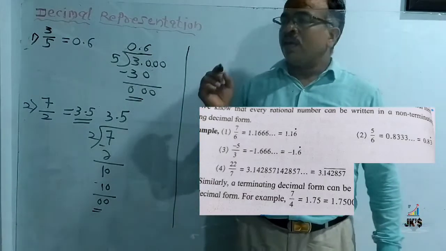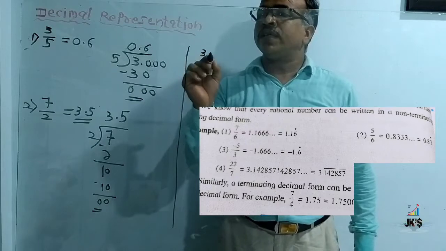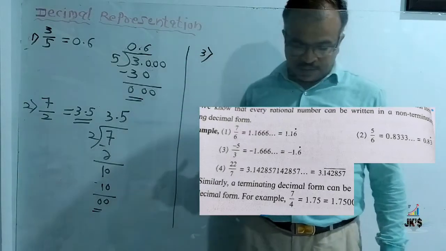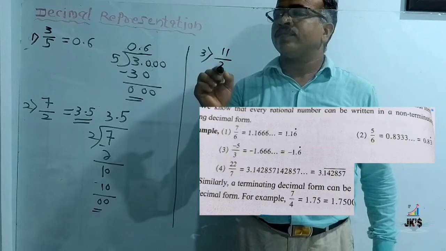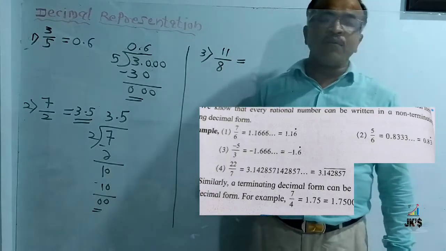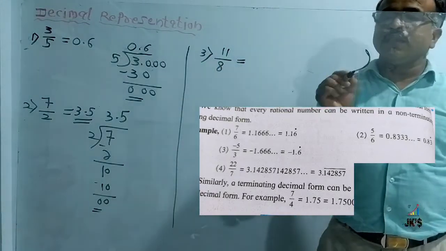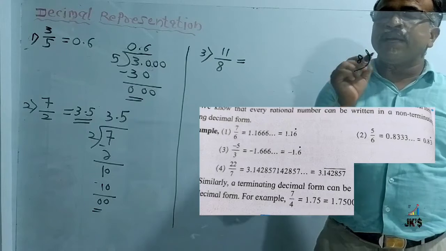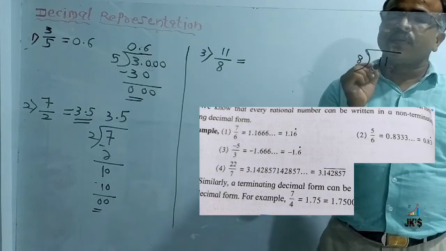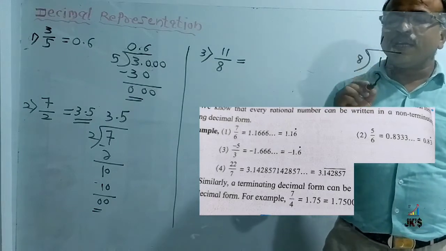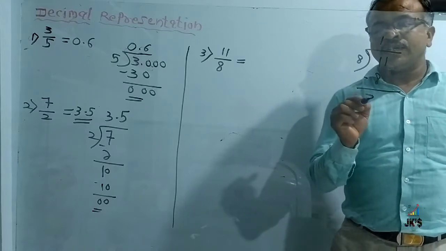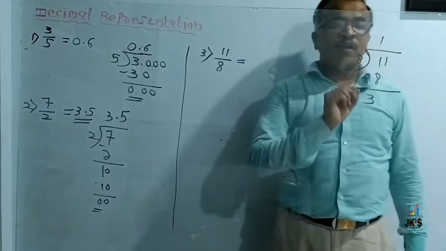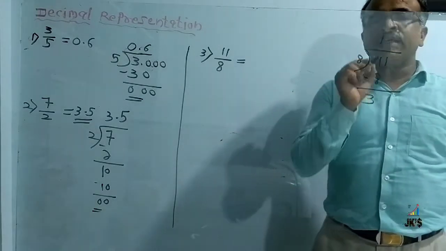We take the third example, 11 upon 8. How do we convert this? 11 is divided by 8. 8 ones are 8. 11 minus 8 is 3. 3 is smaller than 8, so we take the decimal.